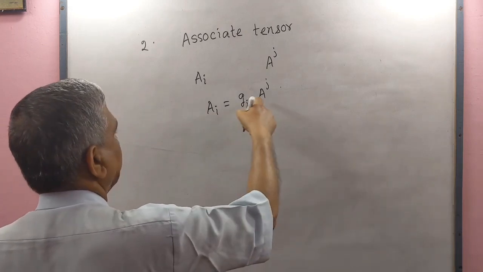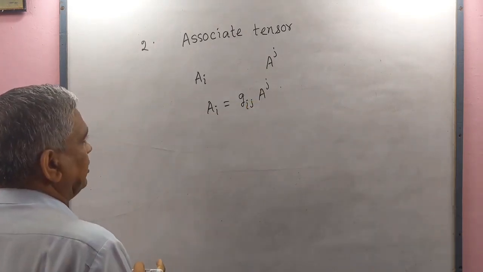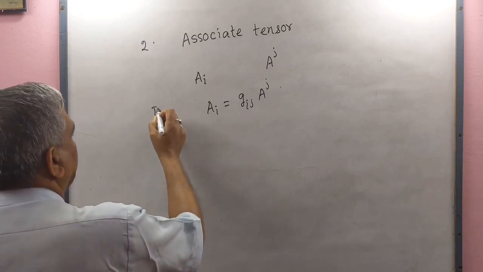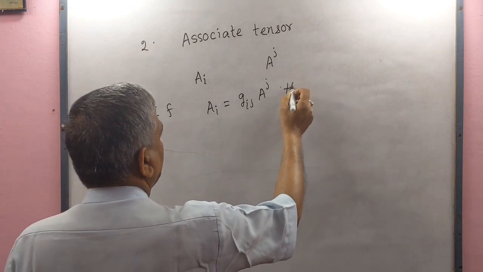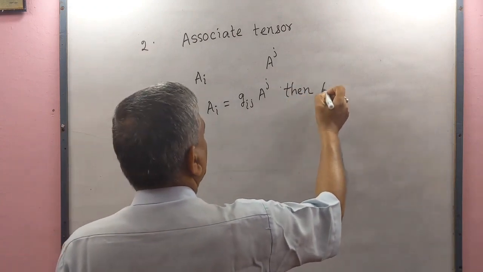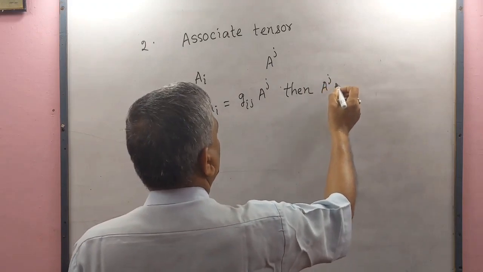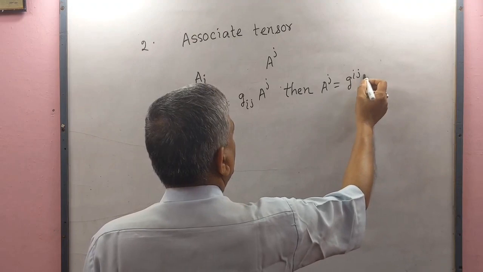This is the covariant, this is contravariant. Now we shall prove a theorem. If Ai equal to this, then Aj equal to Gij Ai.